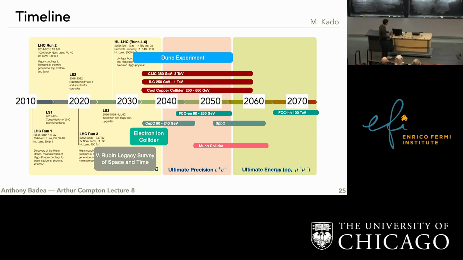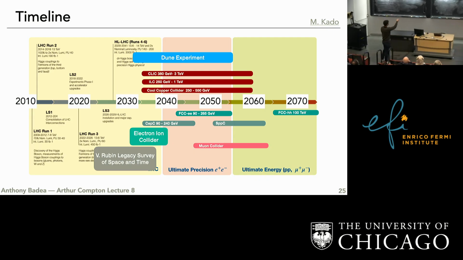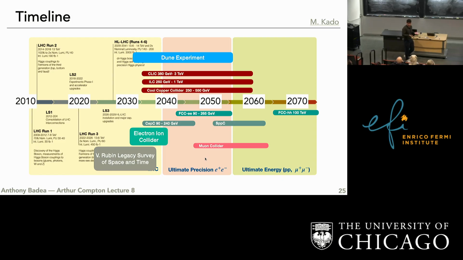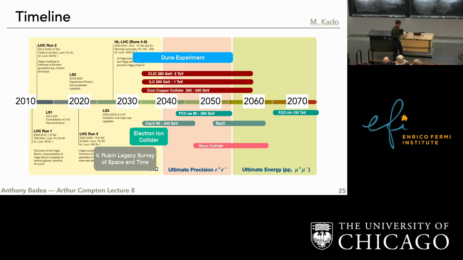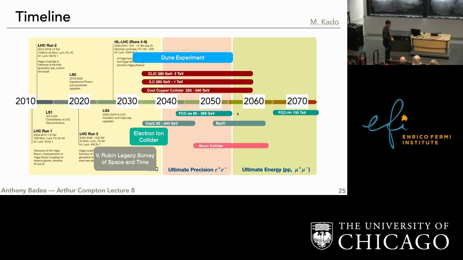The LHC was conceived of in the 90s and then really got built in the 2000s. So if you're a young person in this field and these experiments were already designed, you need to think about how it would be nice to get to see a design also and contribute to a design. And so then you're really talking about the 2050s onwards and even later than that.